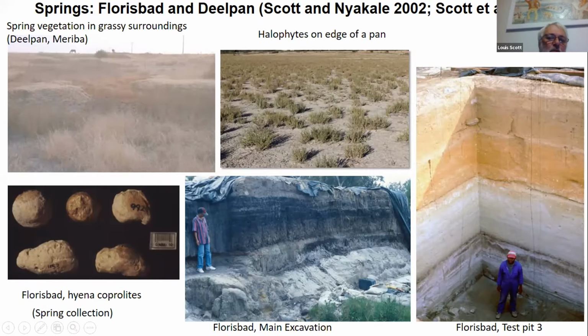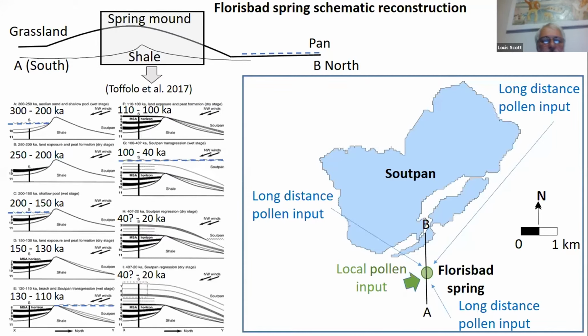These springs are normally situated on the edge of big pans or playas, and it can at some stages be very grassy, and then you can also get the local vegetation on the pan floors and so on, which normally are halophytes.